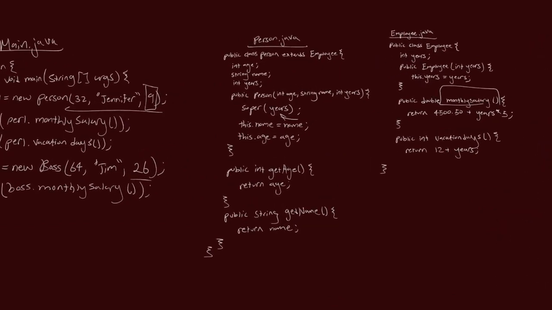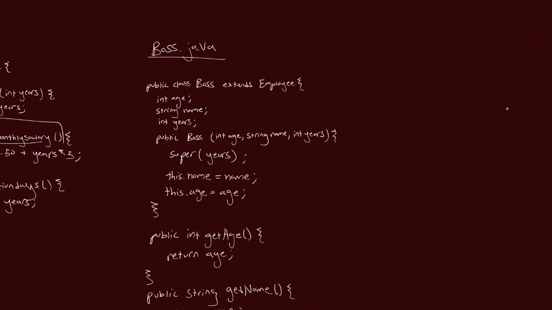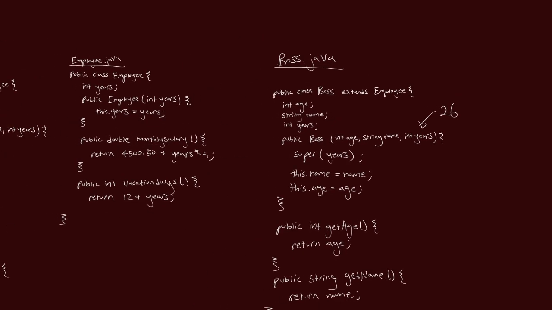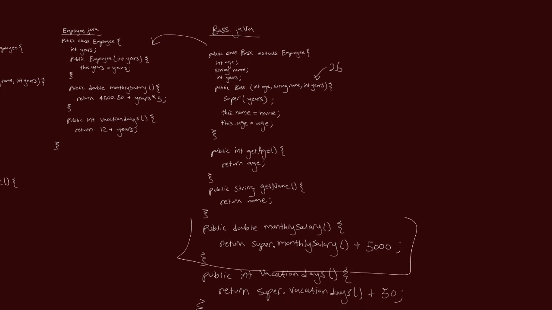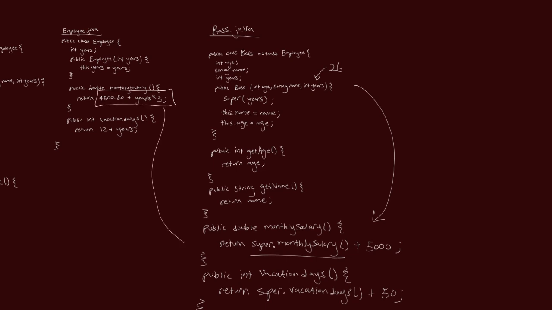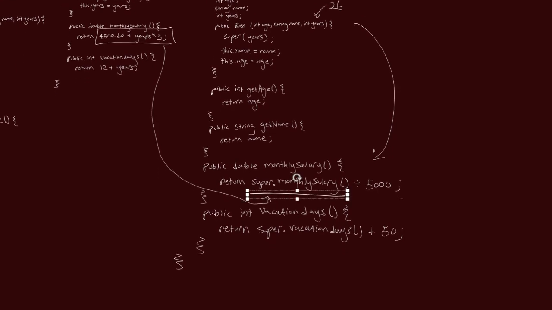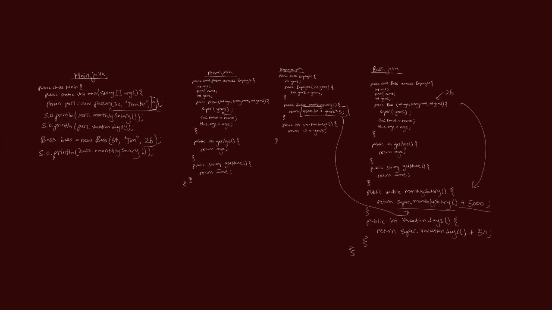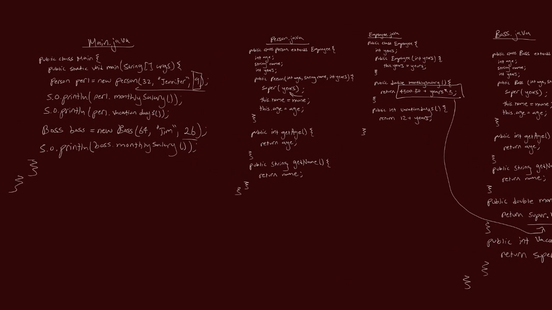We pass 26 into here, then we pass 26 into the super method. So now we transfer onto here, and then we set up this. But recall, we're also overriding this as well. So we go down here, and then we call super.monthlySalary, and that calls this block of code. So this is represented in here. Then we add 5,000 to it, and that'll be our return. So that's pretty much how the super keyword works.